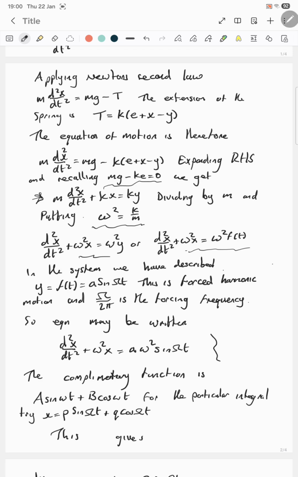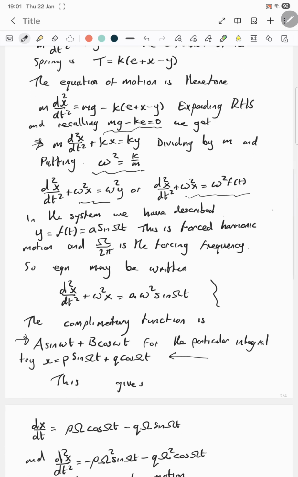The complementary function is therefore a multiplied by sine omega t plus b multiplied by cosine omega t. And for a particular integral, we will try this form here, which seems a sensible choice.